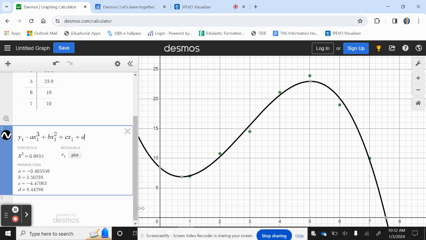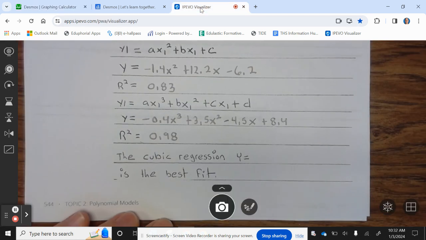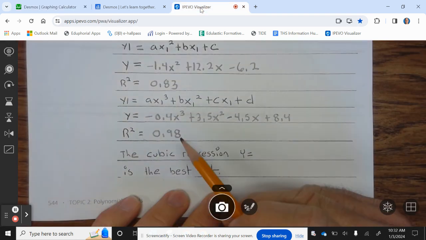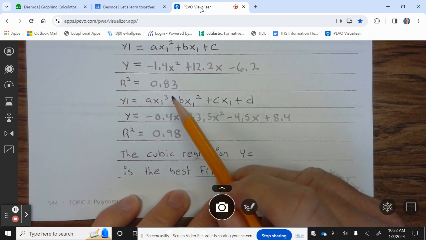And again, for the r squared value, it's common practice to round to 2 decimal places. So there's your equation. And you can see that 0.98 is a better r squared than 0.83.